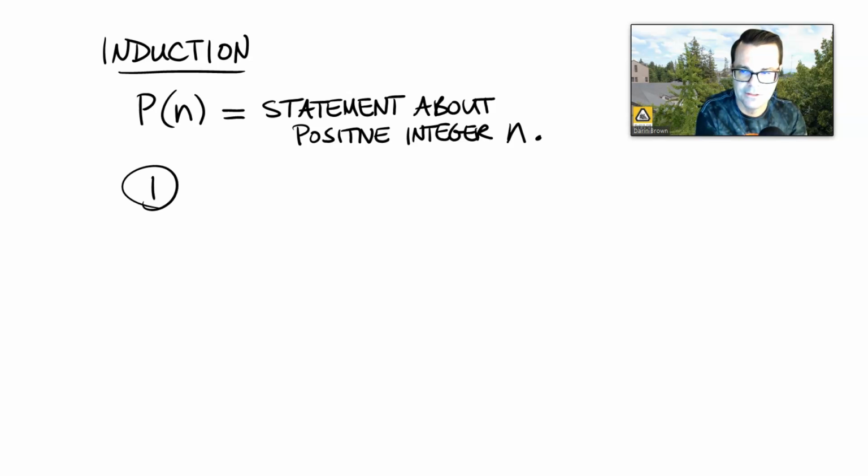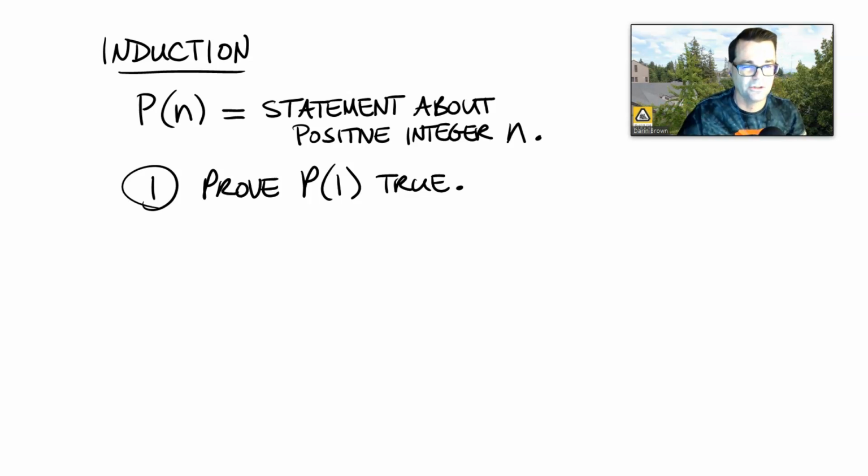First, you have to prove what's called the base case. So we're going to prove, say, P(1) is true. Now, the base case could start anywhere, but for us, it's going to start at 1.